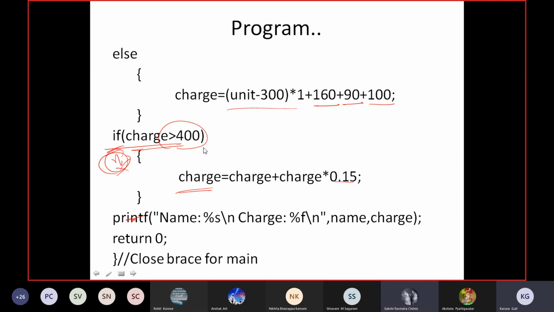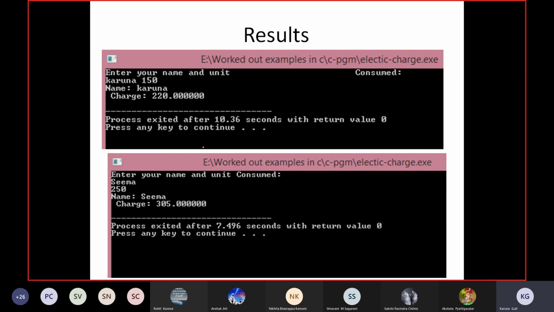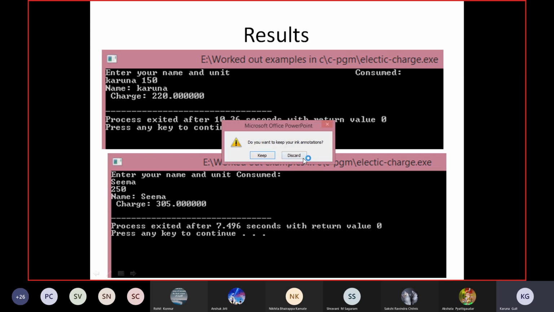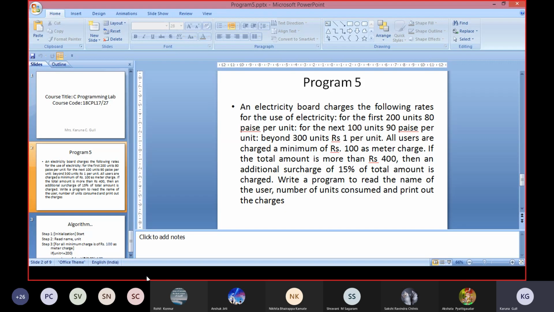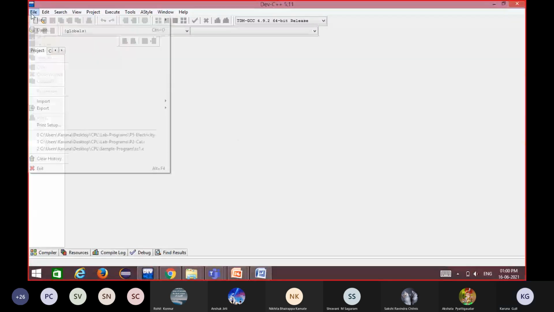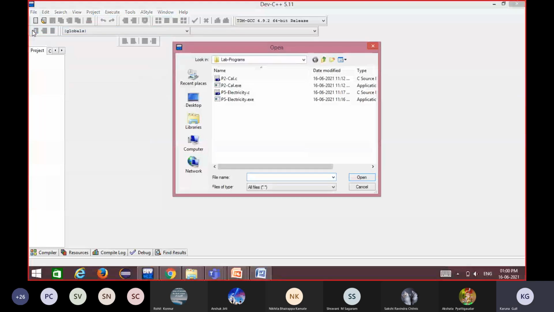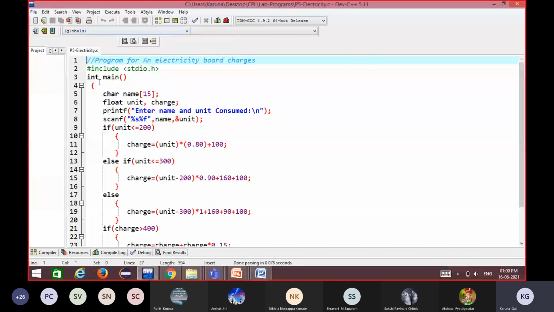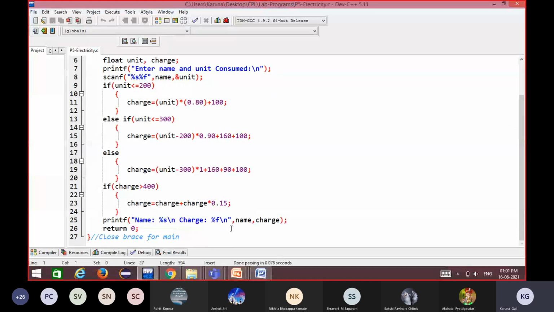I have a sample output also, but I'll show it to you using the program itself. I'll run the program and show it to you. Okay, this is the program. I'll write only 2 digits after the decimal point, so I'll write it as 0.2f.